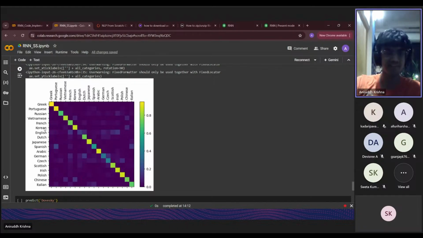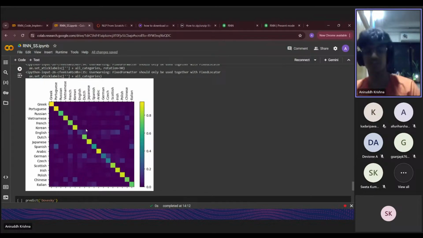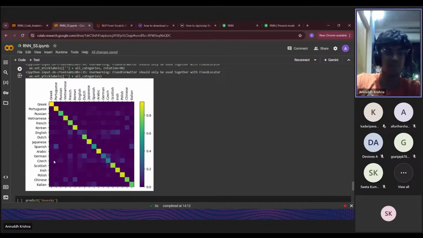But as I can see, the English row has a lighter color near Irish. That means the model has a 0.4 probability of guessing English names as Irish, which makes sense because a lot of names are similar among them. And you can see some problems. For example, let me take Korean.